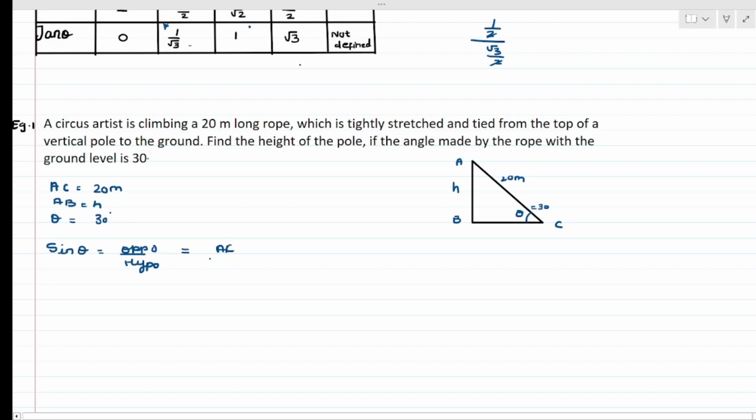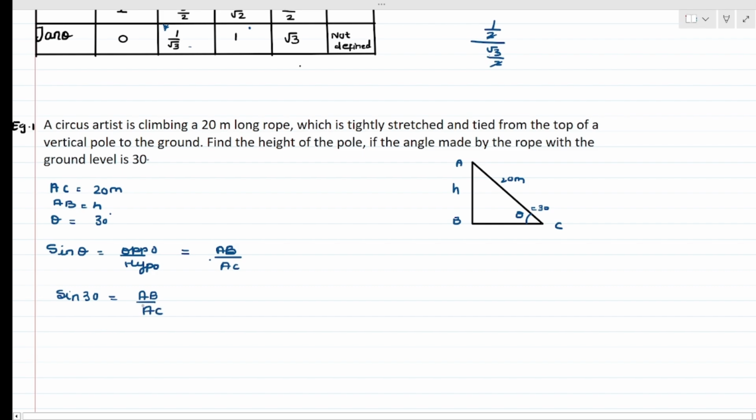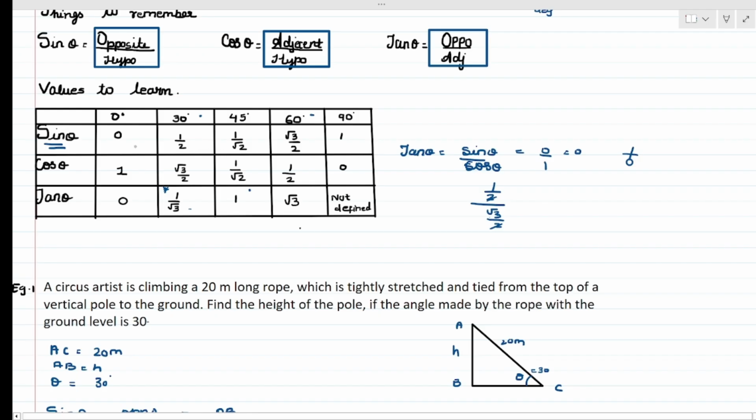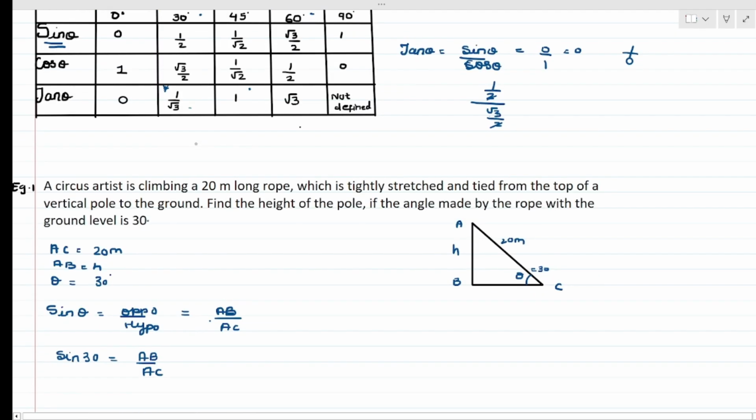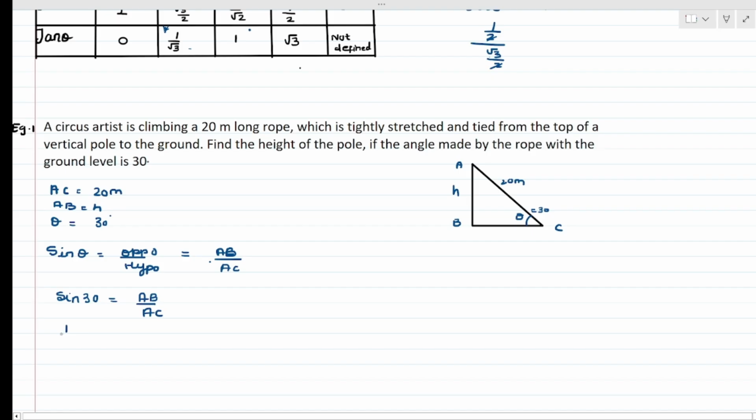So I substitute over here: sine 30 will be equal to AB upon AC. What is my sine 30? As we learned earlier, sine 30 is equal to 1 upon 2. So you write 1 upon 2 is equal to AB, which is H, upon AC, which is 20. Now cross multiply it. 20 goes in the numerator.